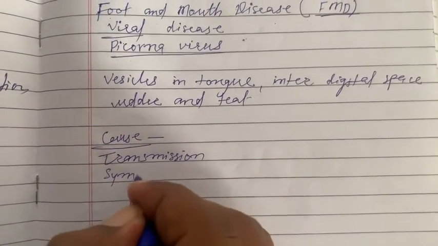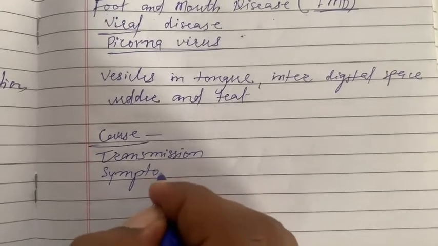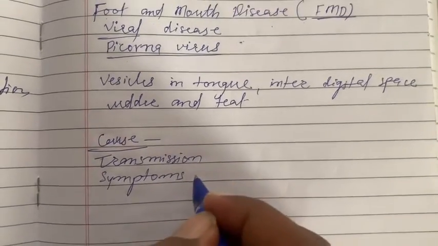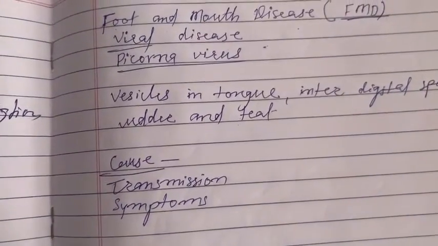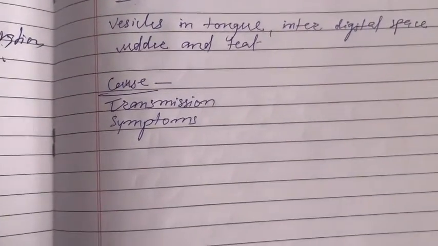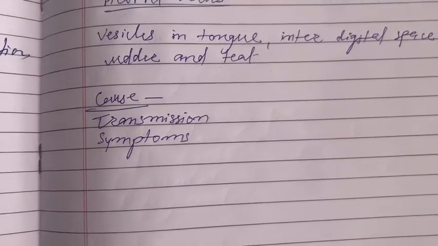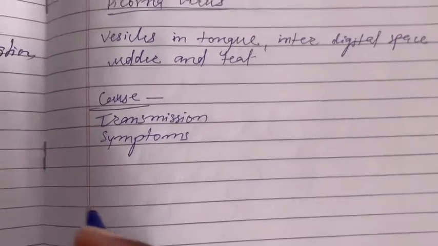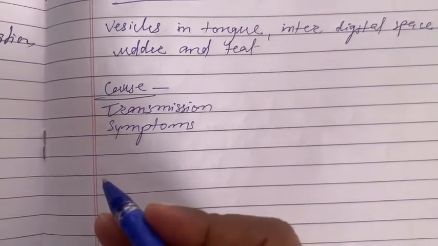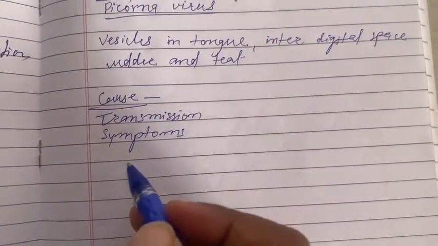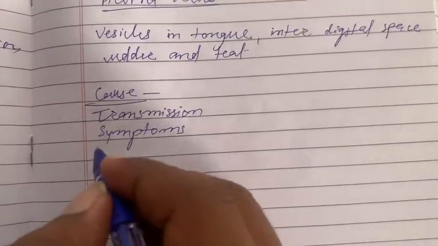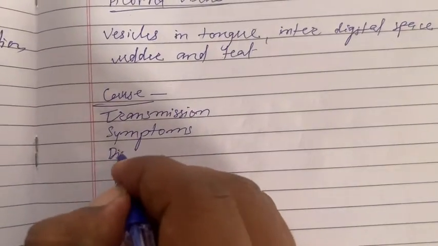We have to find out the various symptoms. Only on the basis of a single symptom you cannot say that it is that disease. We have to find more symptoms to identify the correct name of the disease. Then after these symptoms, the diagnosis.